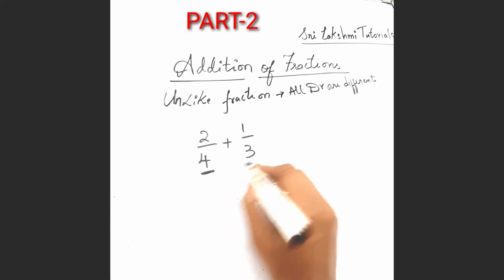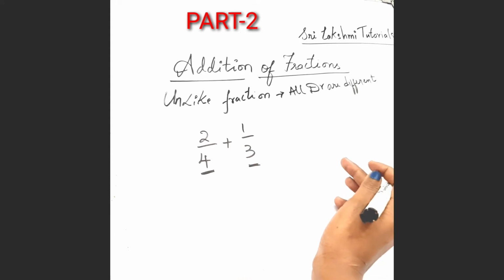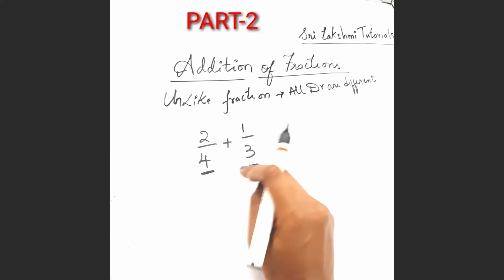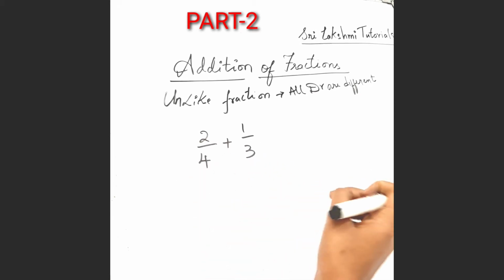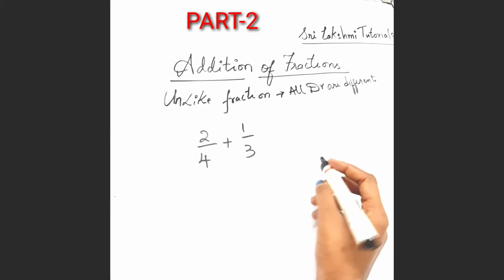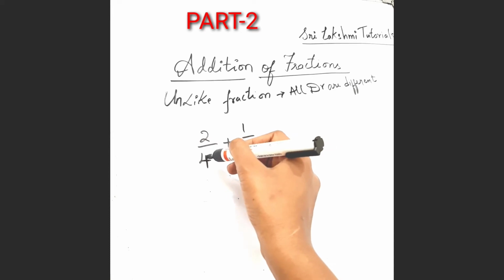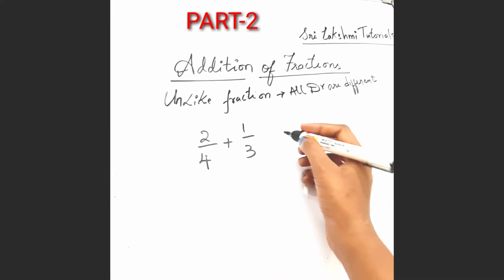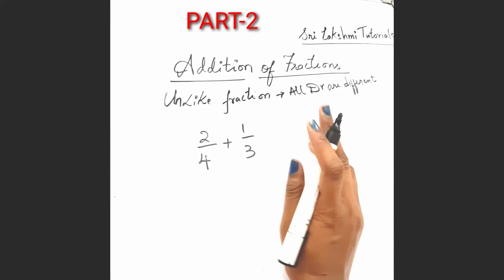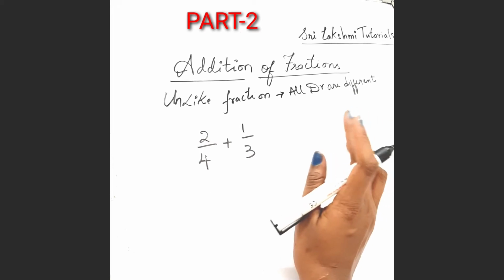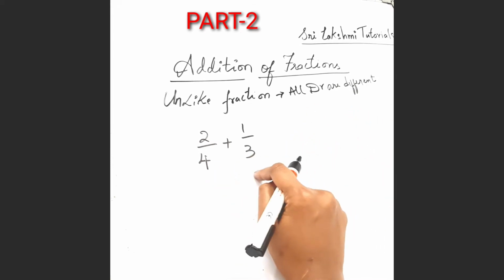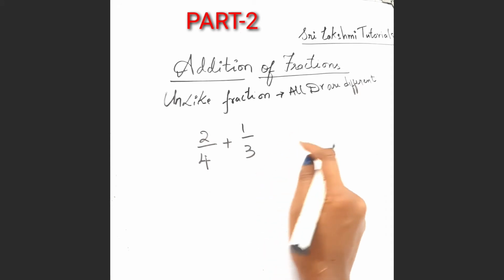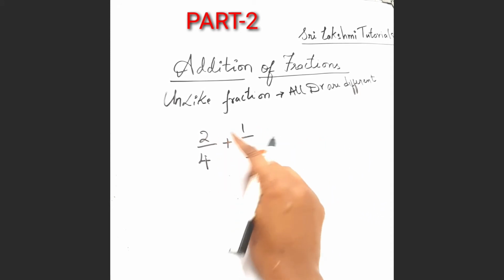So these two fractions are different as the denominators are different. So these are unlike fractions. Now how to do this addition? So see here, 4 and 3, you need to take LCM is one method. By doing LCM we should find the addition, and another method is directly multiplying with opposite.